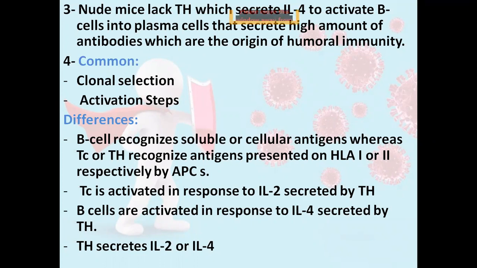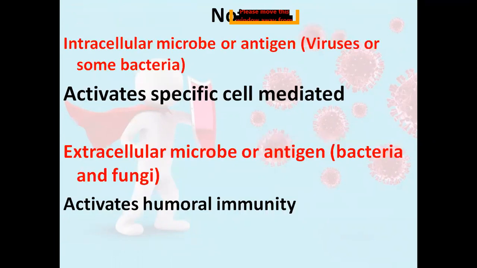T helper secretes either interleukin 2 or interleukin 4, and this will determine whether the type of the immune response is specific humoral or specific cell mediated. You have to know that intracellular microbes or antigens, viruses or some bacteria, activate the cell mediated response. However, bacteria and fungi, like extracellular microbes, activate the humoral immunity.